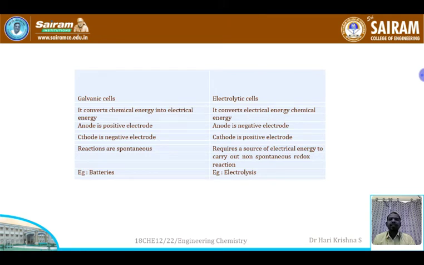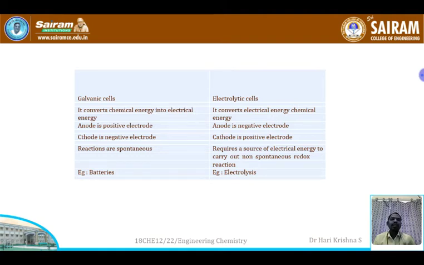The galvanic cell reactions are spontaneous, whereas electrolytic cells require a source of electrical energy to carry out non-spontaneous redox reactions.